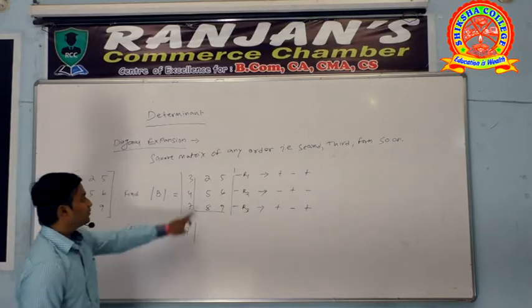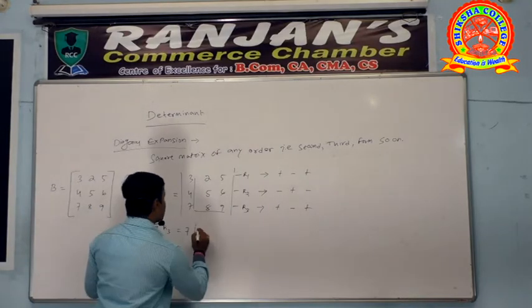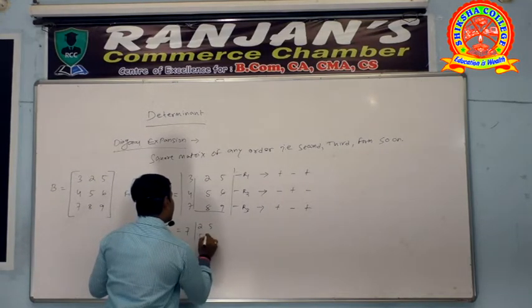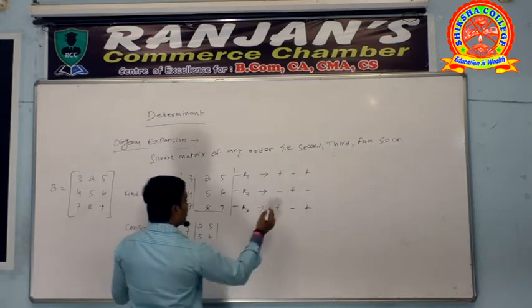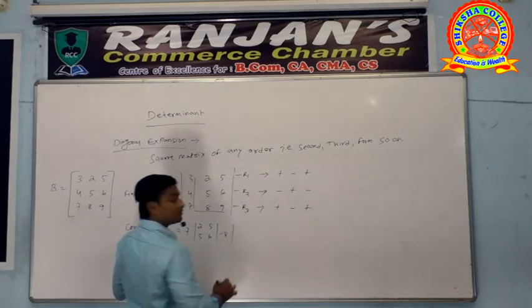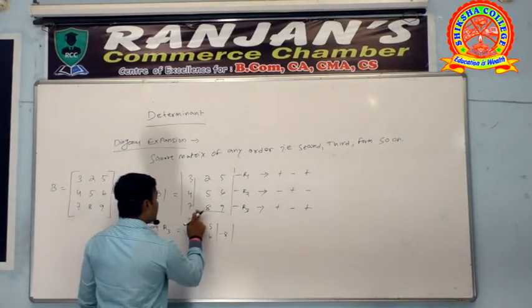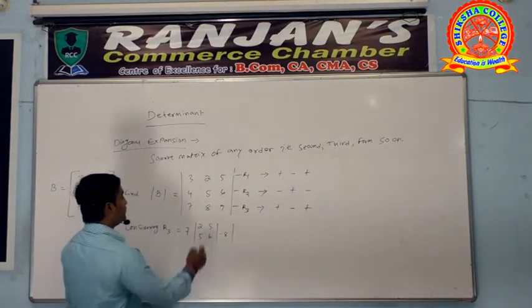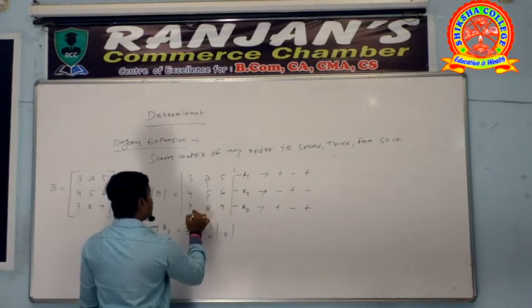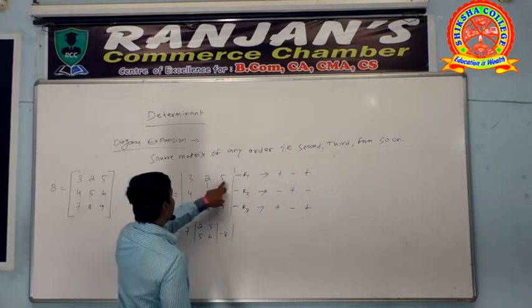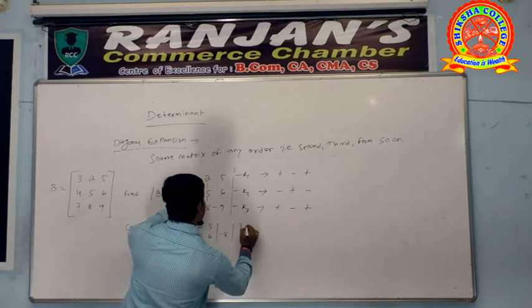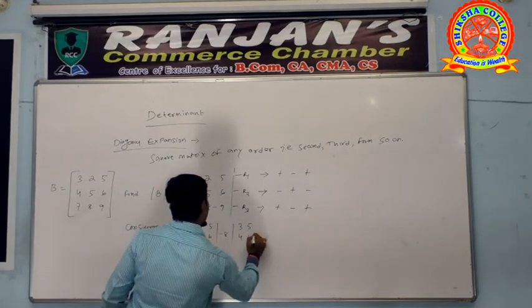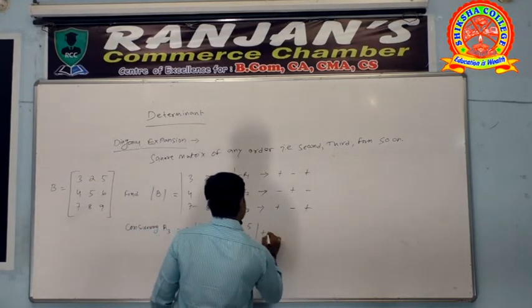What left? 2, 5, 5, 6. Okay, now minus 8. Now delete the row and column considering 8, this and this. So what left? 3, 5, 4, 6.